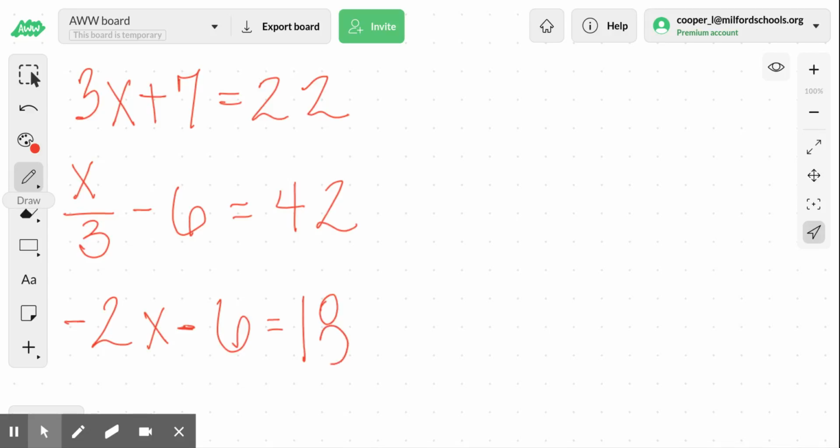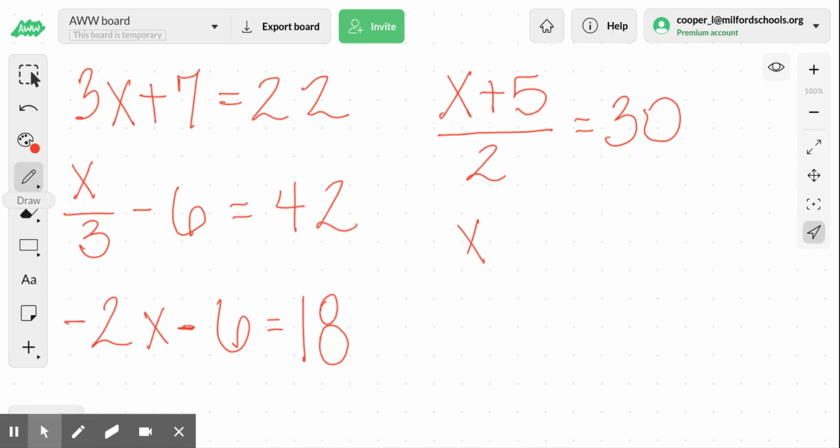So we'll see if you can divide by that negative, see how that goes. Then we're going to do x plus 5 all over 2 equals 30. And your final one will be x over 4 plus 5 equals 60.